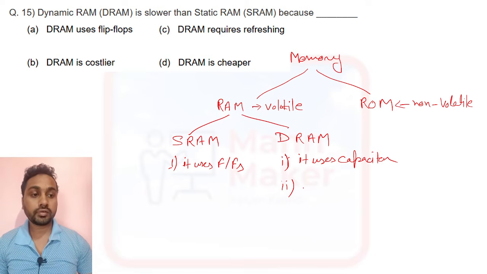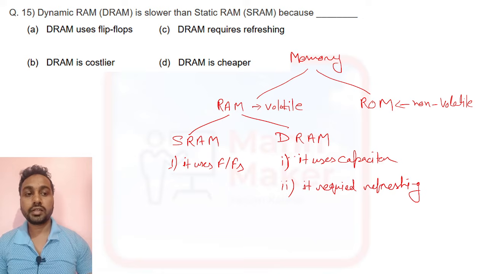Because DRAM uses capacitors, it requires refreshing, and because of that only it becomes slower.